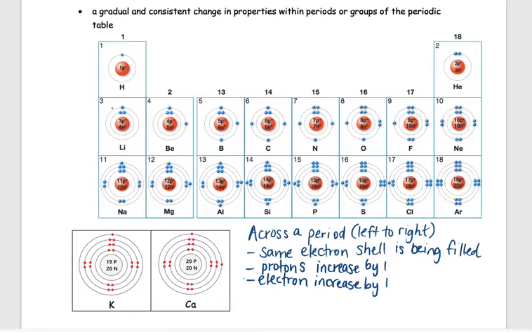So hydrogen has 1 ring, lithium has 2, sodium has 3, potassium has 4. As you go down, there are more and more energy rings or electron shells, places where the electrons are going.